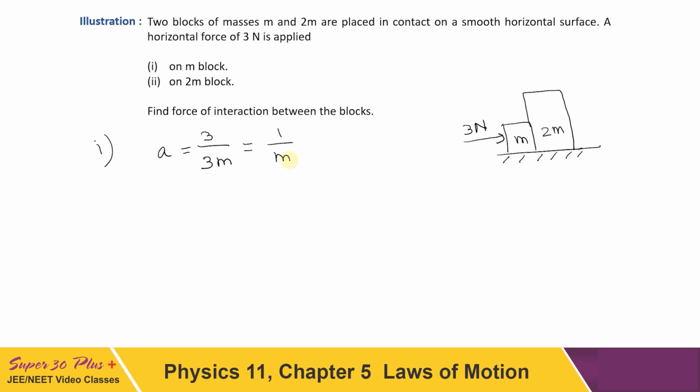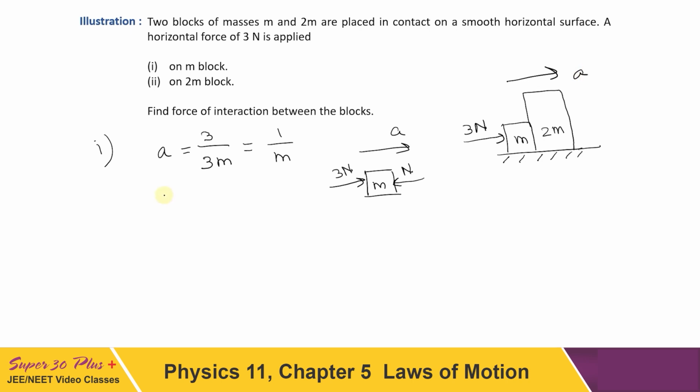But we have to calculate the value of the normal force acting between the two masses. So let us first draw the FBD for the left mass, which is m. What forces are acting on it? This is 3 Newton, and from the right side there has to be one normal, which is the force of interaction. But the resultant has to be towards the right, because the whole body is moving towards the right with acceleration a.